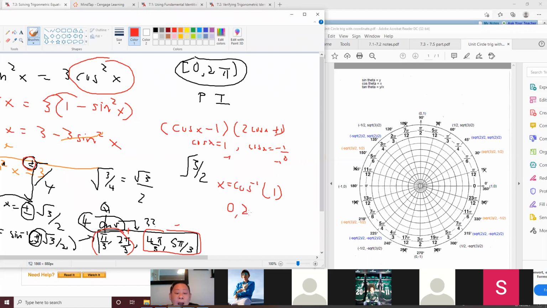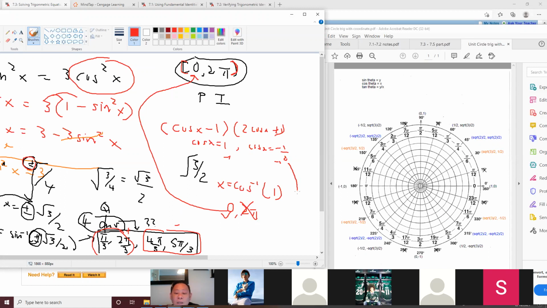Can we use 2 pi? Because this is also 2 pi, right? Based on our domain restriction, 0 is included, that means it's good. 2 pi, is that included? No. So you cannot use 2 pi.